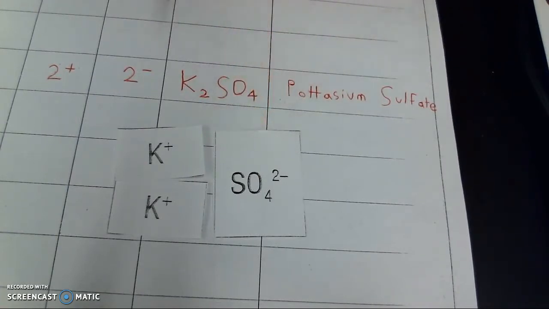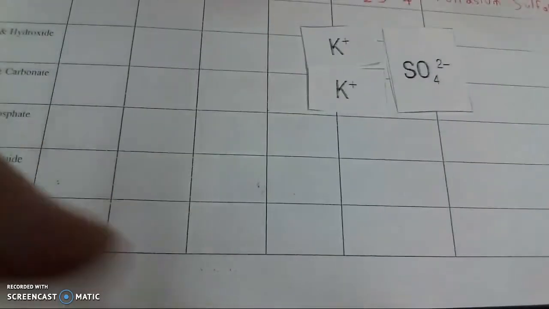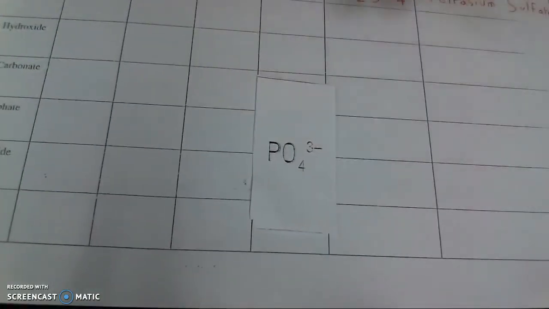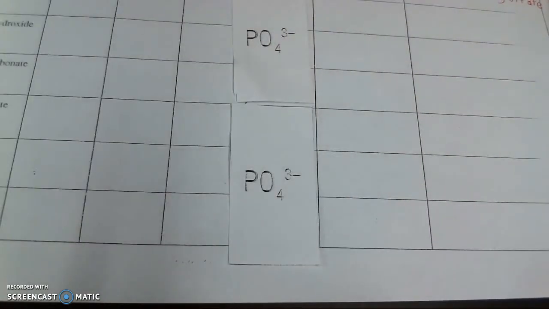But let's just make an example here of one that you may actually want to. Okay, so here's phosphate. There's 3-. And we're going to have 2 phosphates. Let's see if we can balance this charge with iron 2 plus.